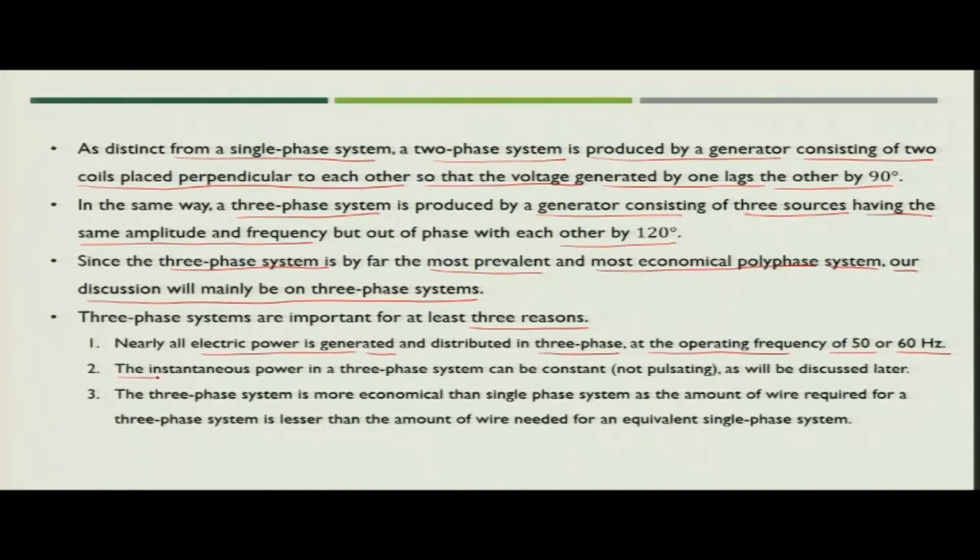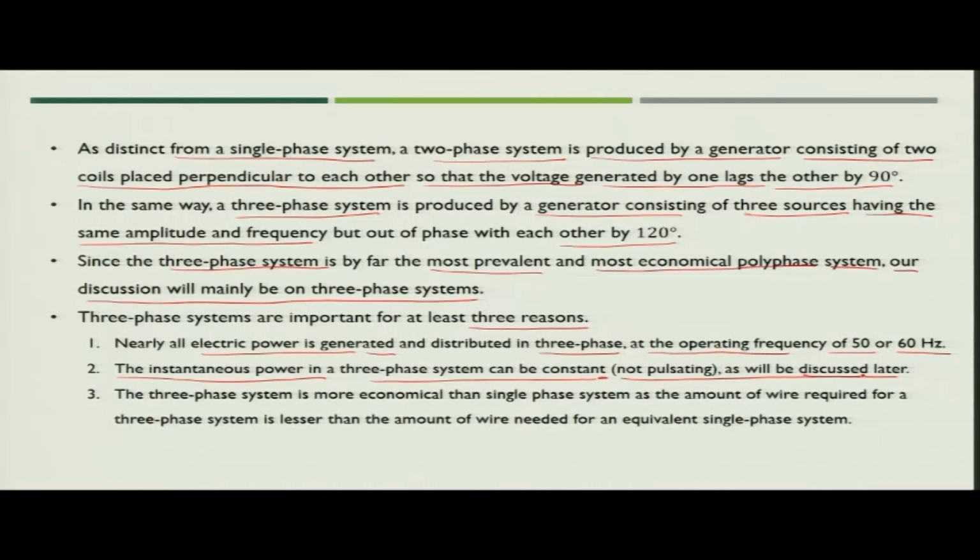Second, the instantaneous power in a three phase system can be constant. That means that when power is generated from the generator, the value of power P, that is average power, will always be constant.